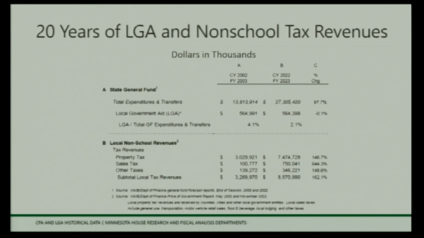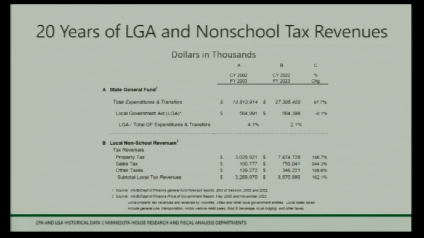Now, one thing to consider also during that same time span, what was the behavior of other non-school local tax revenues? And that's what Part B of this slide shows. If you take a look at the growth in property taxes over that period, they grew just under 150%.